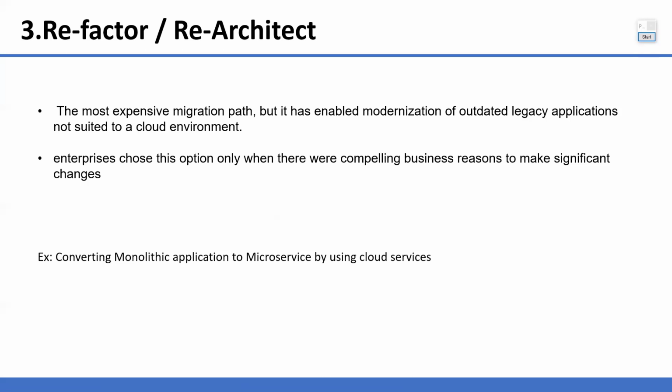Mostly enterprises choose this option when they have compelling business reasons to make significant changes, like advancement or modernization of the applications. For example, you can decompose or transform a monolithic application into a microservice-based application by using various cloud services.